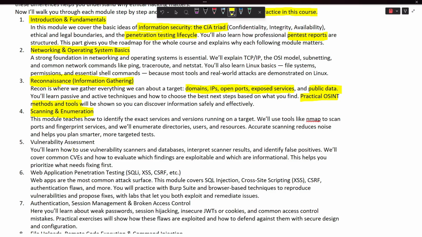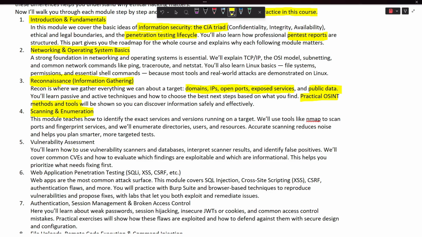We will enumerate directories, users, and resources, and yeah, we will be learning about scanning, how to perform scans on your target. For this purpose, we will be using multiple tools. For example, on web applications, we will be using Burp Suite and so on and so on.